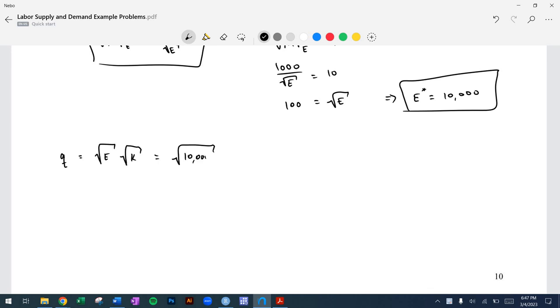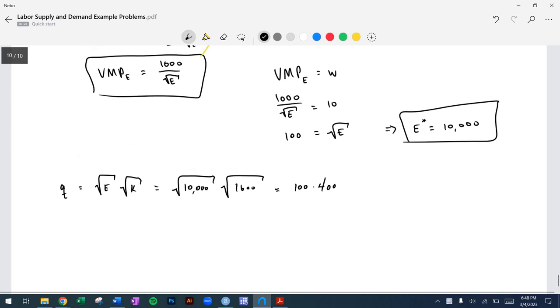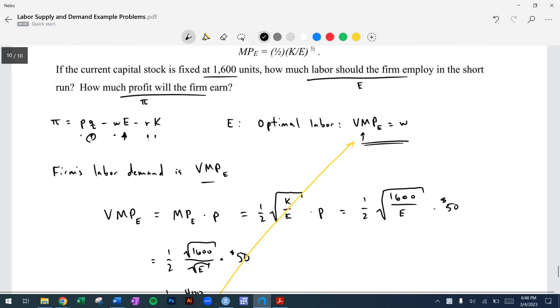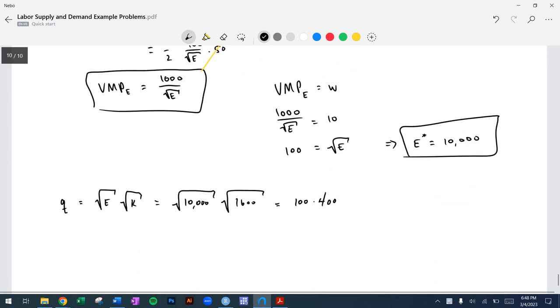That's the square root of 10,000 times the square root of 1,600, or 100 times 40.